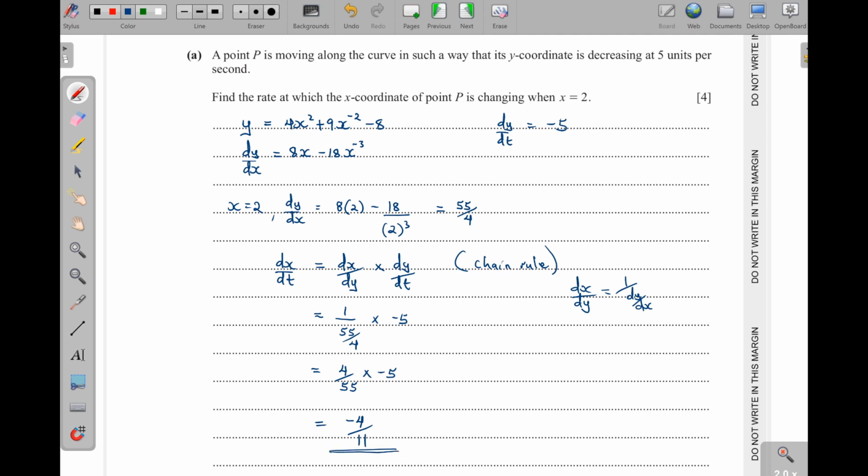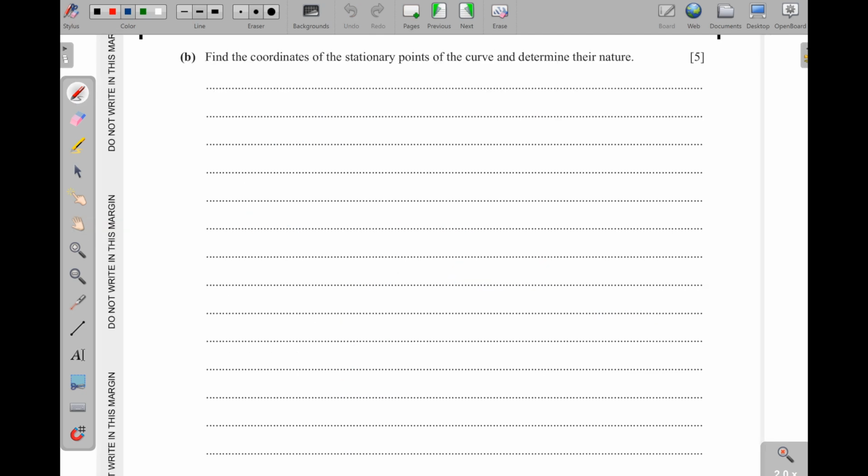As simple as that. Part B, find the coordinates of the stationary points of the curve and determine their nature. We know that for stationary points, dy/dx is equal to 0. What is our dy/dx?